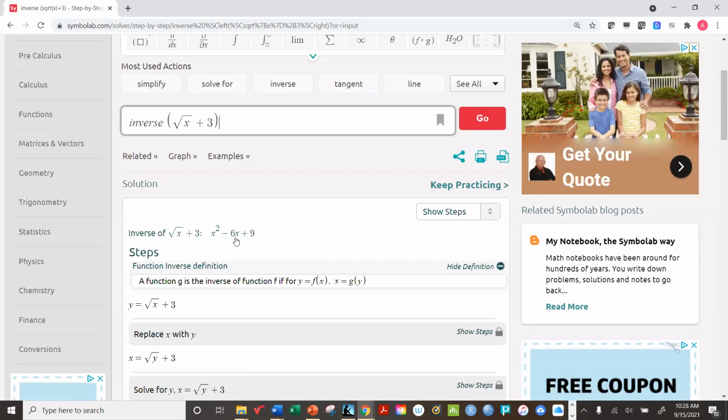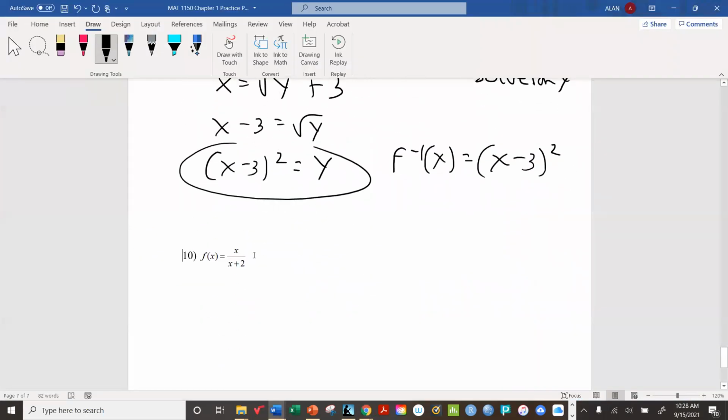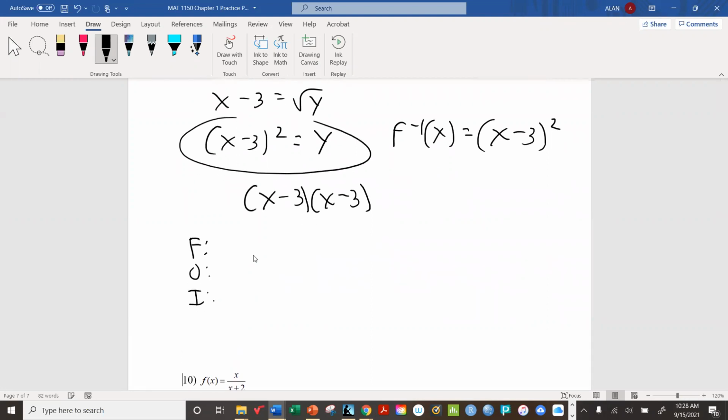Okay, so they wrote it as x squared minus 6x plus 9, which of course is the same thing, because if I apply FOIL to this, first is x squared, outer is minus 3x, inner minus 3x, last is 9.